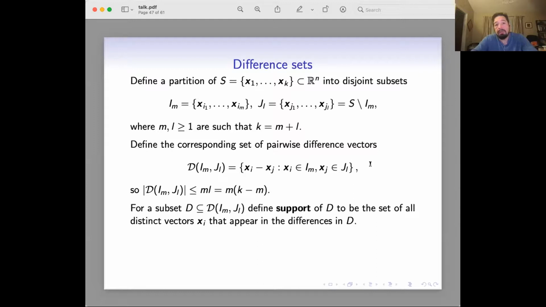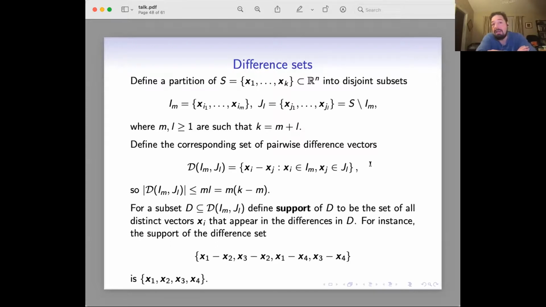The support of such a subset, what I mean by the support is just all the distinct vectors xi that appear in the differences. So for instance, suppose I take a difference set like this: x1 minus x2, x3 minus x2, x1 minus x4, x3 minus x4. Here the support is just x1, x2, x3, x4. So I partitioned into x1, x3 on the one hand, and x2, x4 on the other, and I took the differences. Okay.